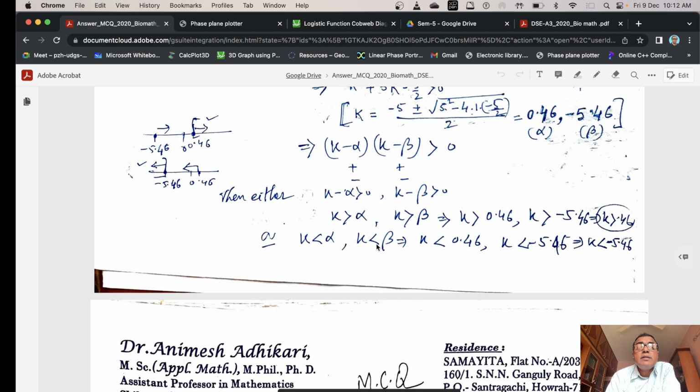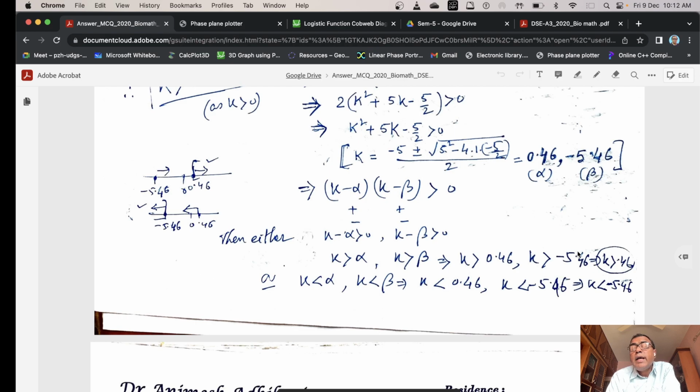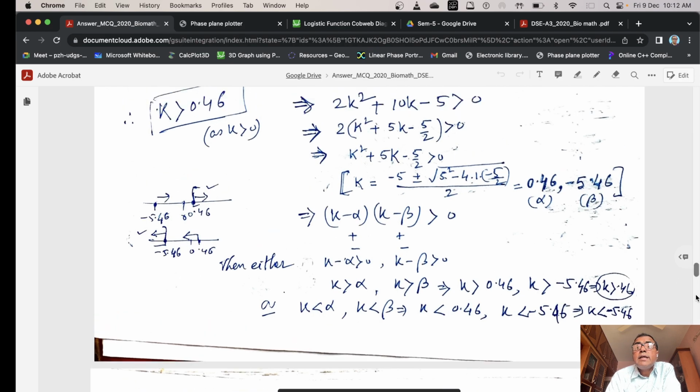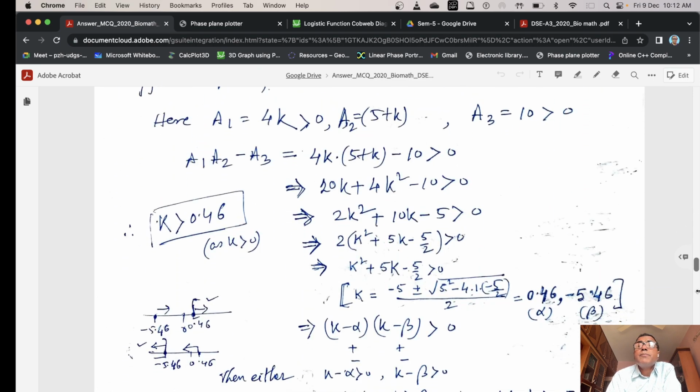From the second condition, k is less than alpha and k is less than beta, we get k less than minus 5.46, which is not possible for positive k. So k is positive when k is greater than 0.46, which is the correct option: k greater than 0.46.